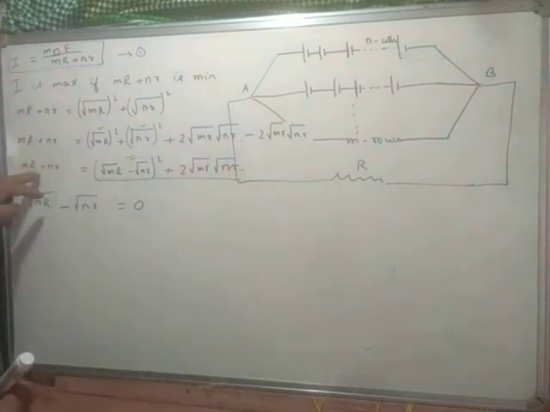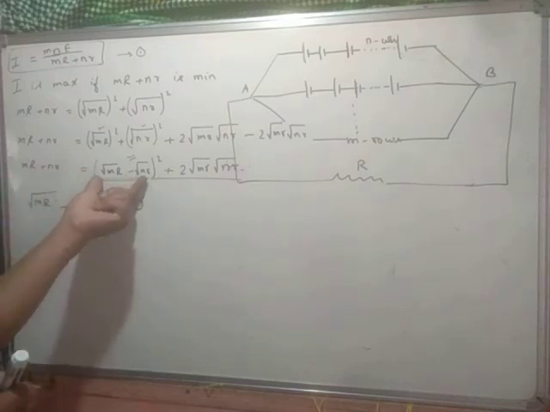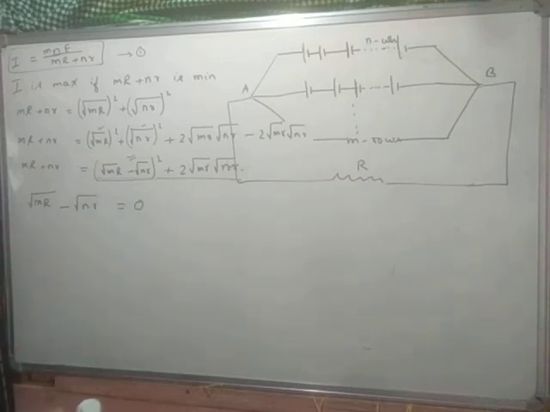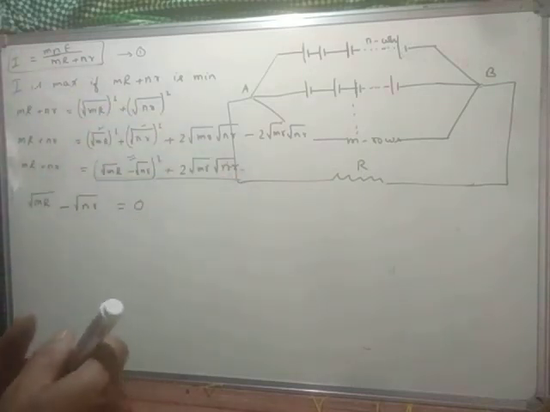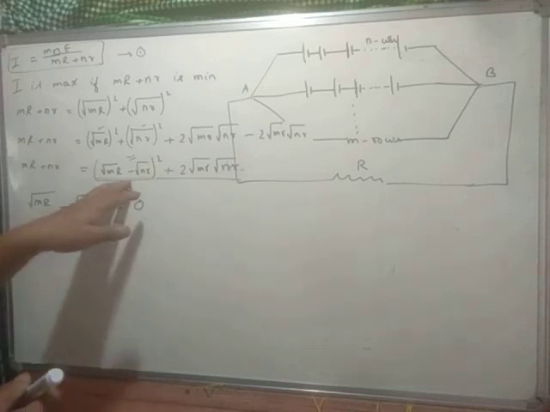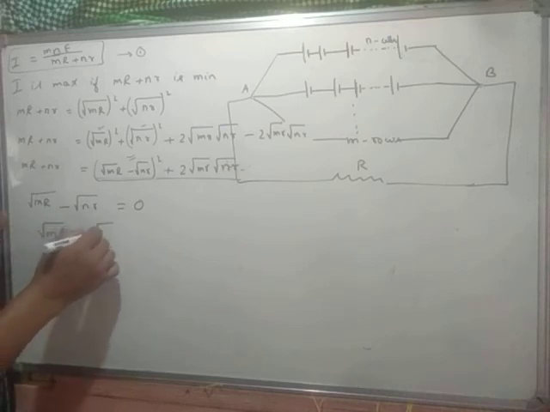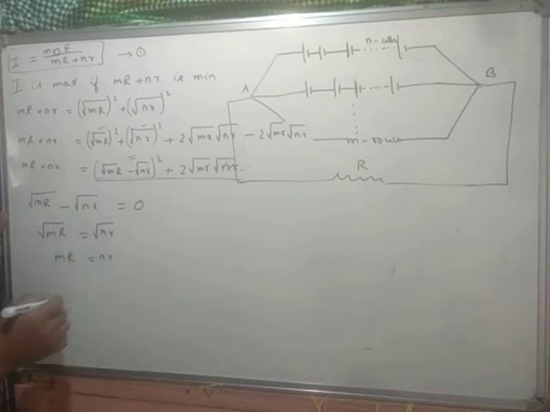So in order to make this minimum, this quantity should be minimum. And if this is minimum, that means this should be 0. Because a square cannot be negative, the least value of this is 0. Or I can say root MR is equal to root NR, or MR is equal to NR, or capital R is equal to NR by M.